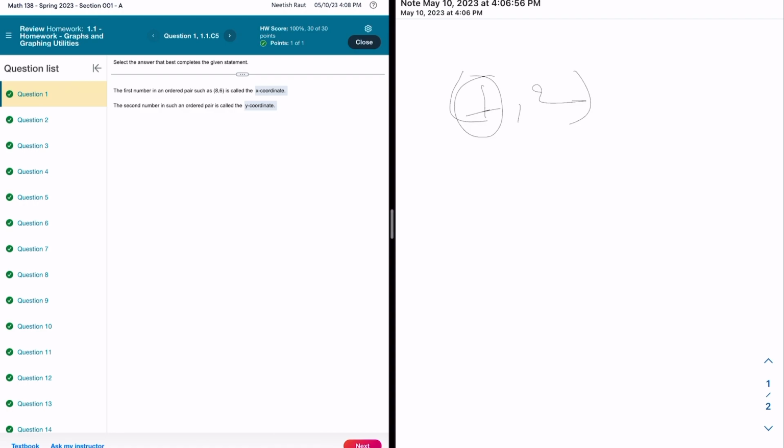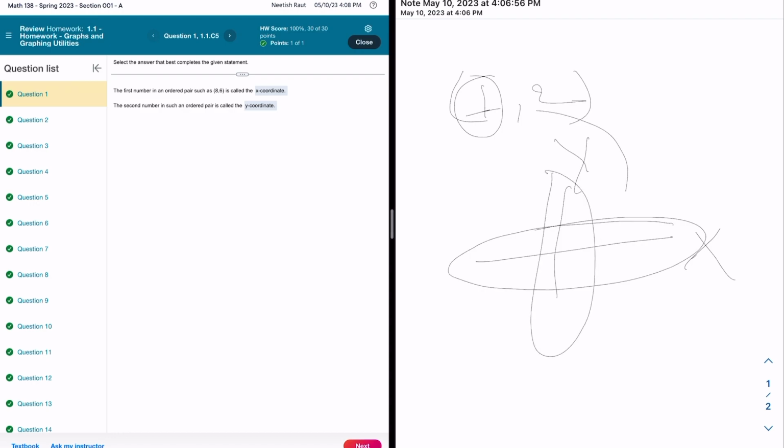In the first place we always write the x coordinate. This is the x-axis, this is the y-axis. This is called the x coordinate and this is the y coordinate. So 1 will be here, 2 will be here. 2 belongs to the y coordinate, 1 belongs to the x coordinate. That's it.